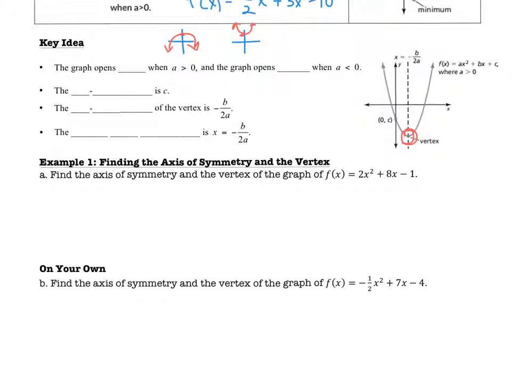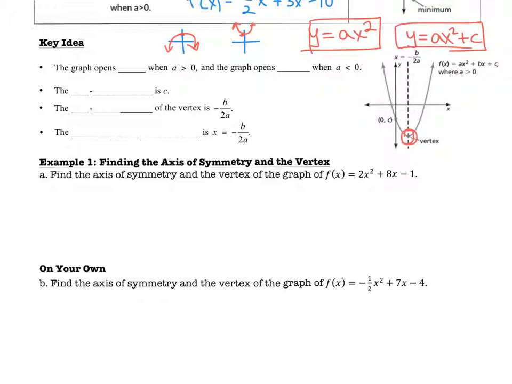So the main difference between sections 8.1 and 8.2 and now into 8.3 is we now have the middle term. So if you remember, in 8.1, we just had y equals ax squared. That was section 8.1. In 8.2, we had y equals ax squared plus c.